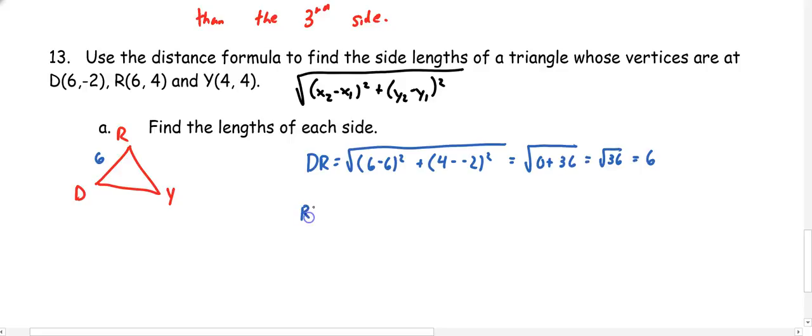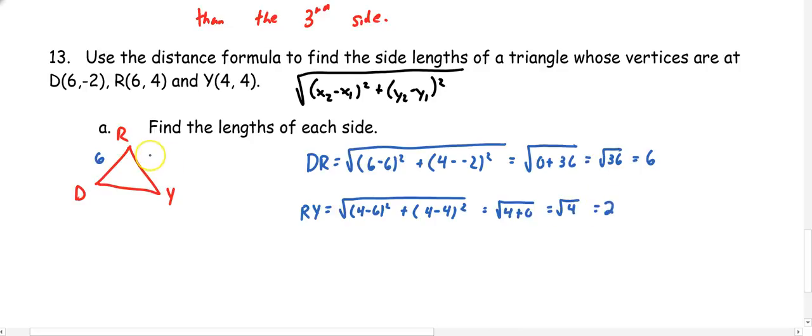The next side is RY. So for RY, we have 4 minus 6 squared plus 4 minus 4 squared. And that would get us 4 plus 0, square root of 4, which is 2. And our last side is DY. And to find the length of DY, we do the distance formula again.